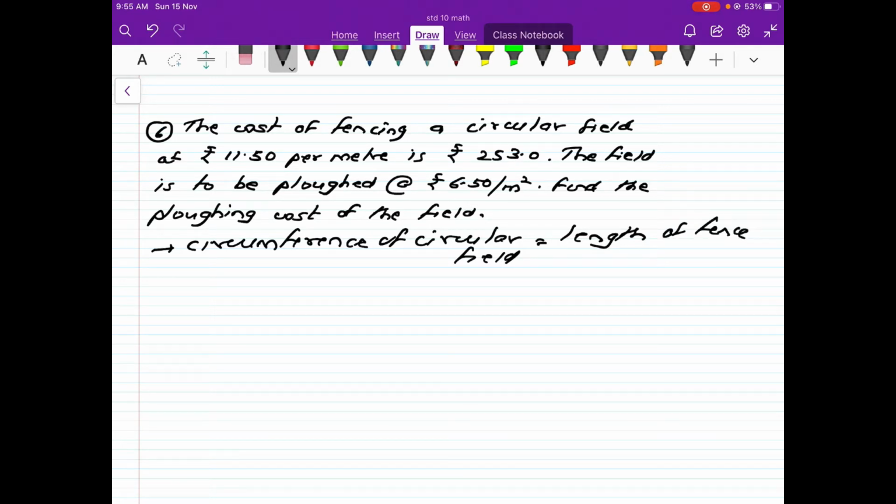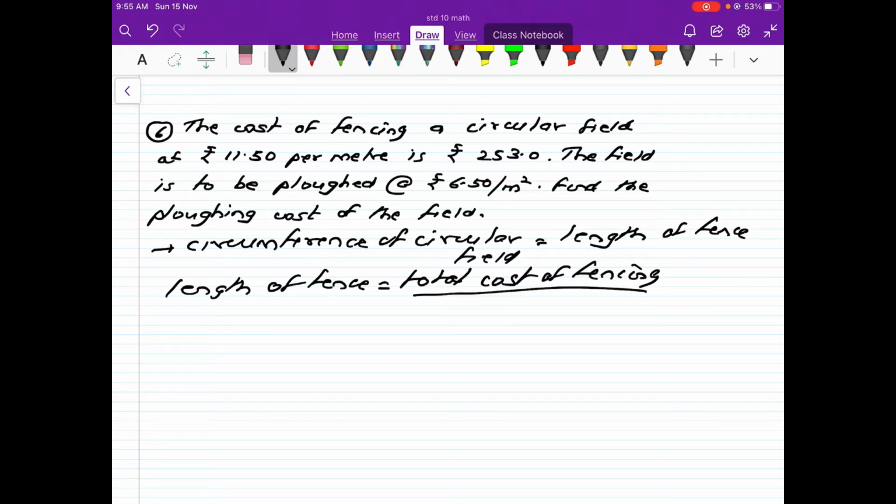So if we want the circumference of the circular field, or if we want the length of the fence, this can be written as the total cost of fencing upon the rate of fencing. Both are given to us.